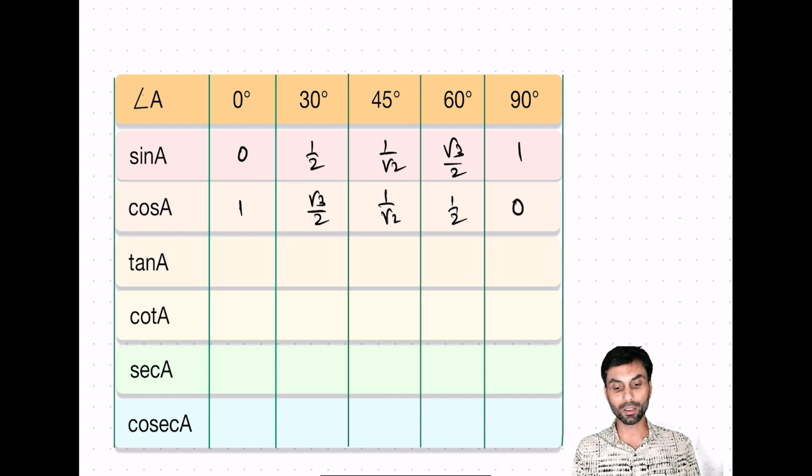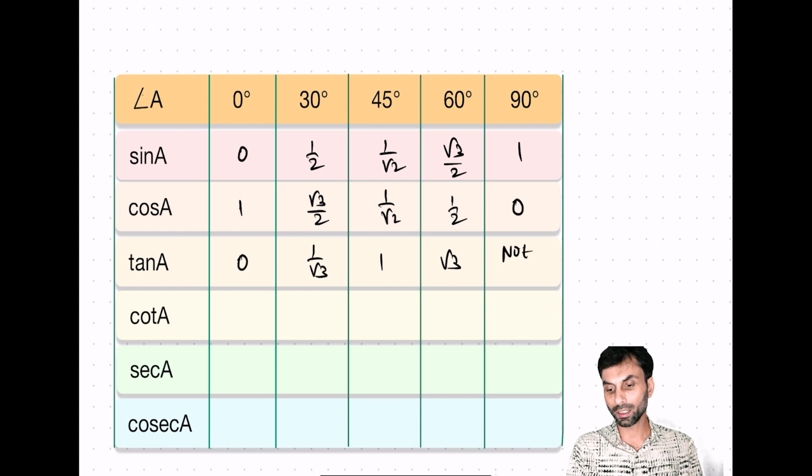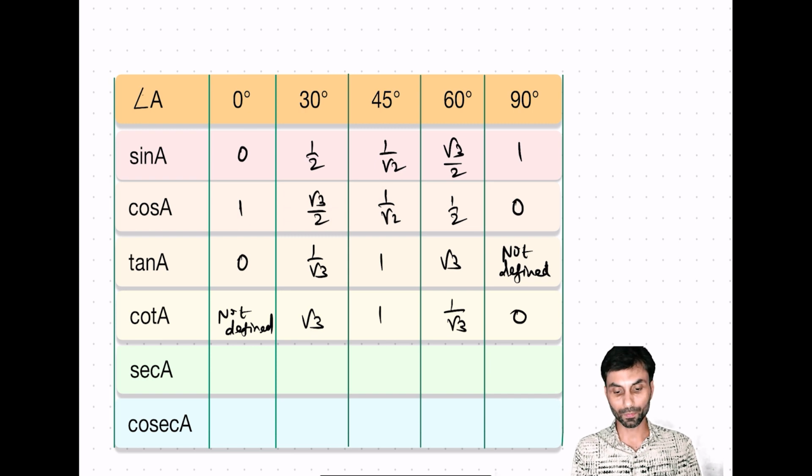Now further moving on, tan, cot, sec and cosec get the values as follows. Tan A will be 0, 1 upon root 3, 1, root 3, not defined. Cot A will be not defined, root 3, 1, 1 upon root 3, 0.